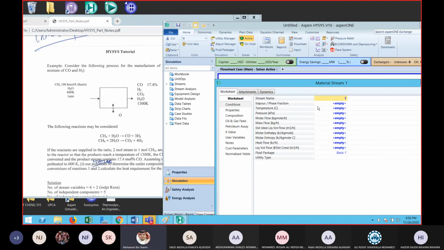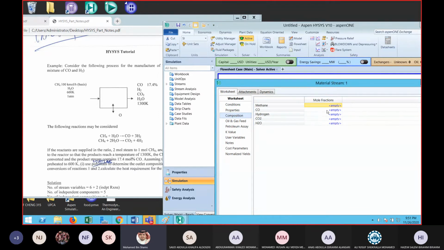Okay, so let me show you. Let's put the temperature: 600 Kelvin. The pressure is 1 atmosphere. And the molar flow is 100 kilogram mole per hour.